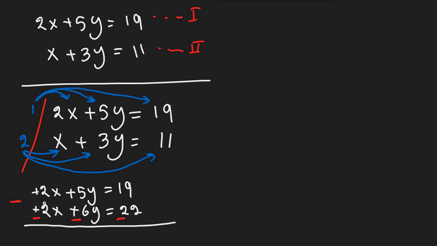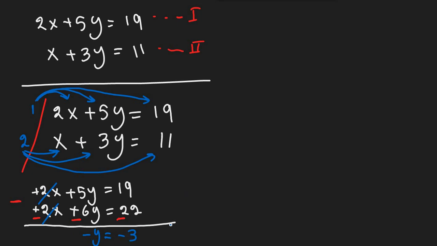So now we have 2x positive and negative 2x, they cancel. And here we have minus 6y and positive 5y, it's minus y, equal to minus 22 and positive 19, it's equal to minus 3.